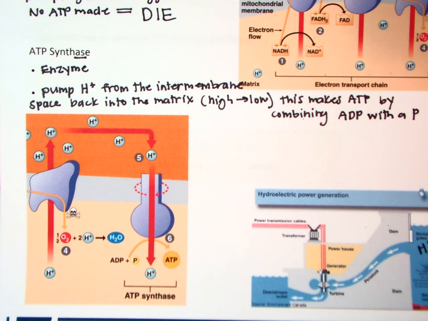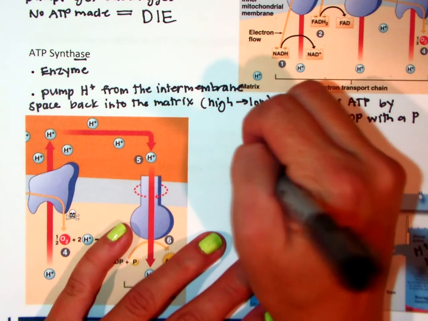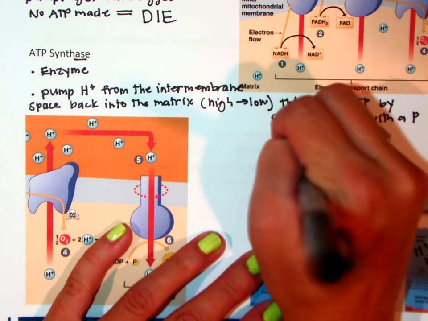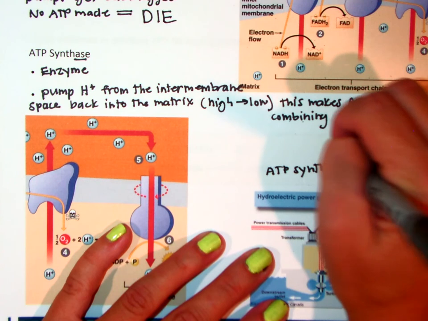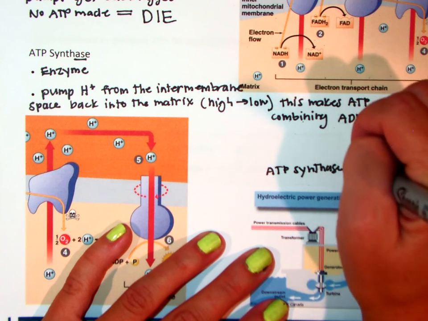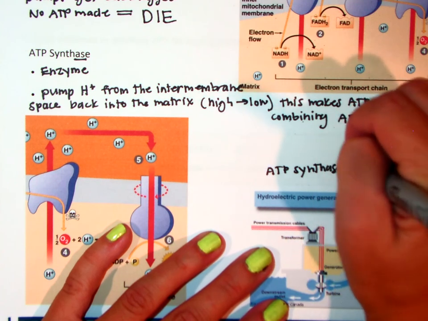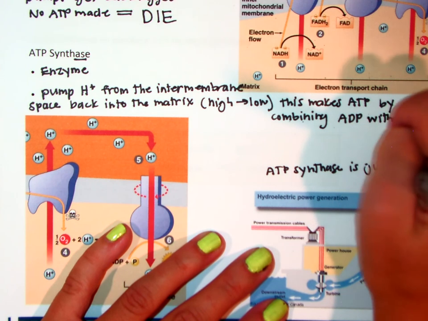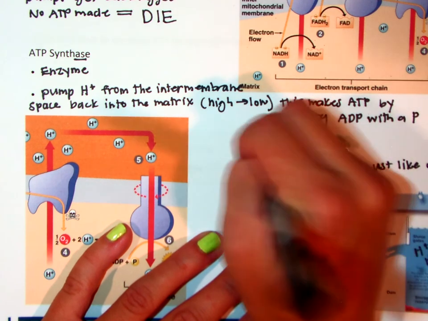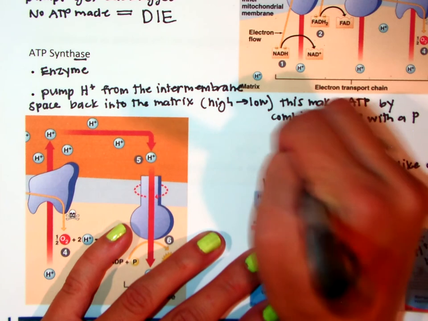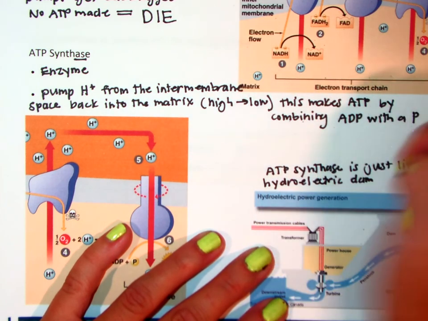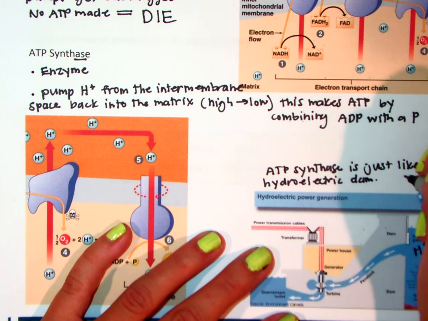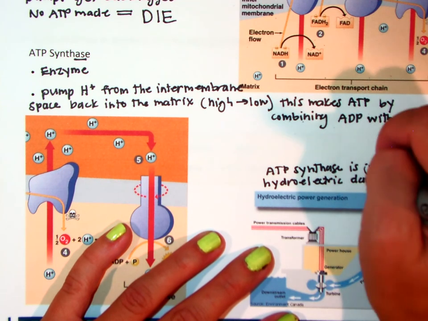Alright, so let's add this here: ATP synthase is just like a hydroelectric dam. The water turning the turbine produces energy.